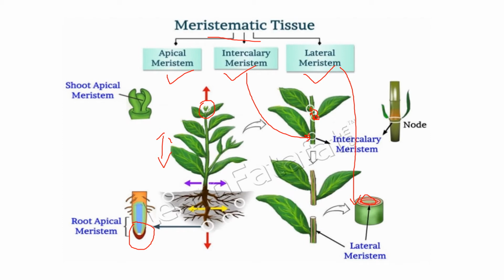With the help of lateral meristematic tissue, the plant grows horizontally. Getting it, dear students? That is why we chose the option lateral meristematic tissue, because it helps in increasing the wideness of the plant, or we can say the thickness of the stem.